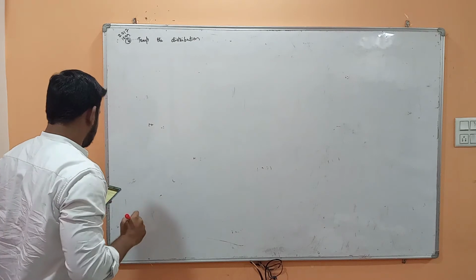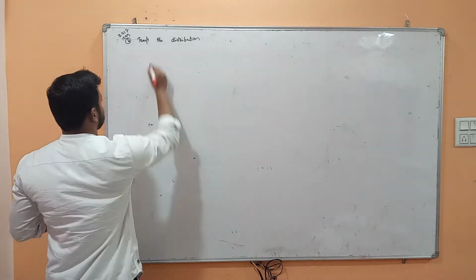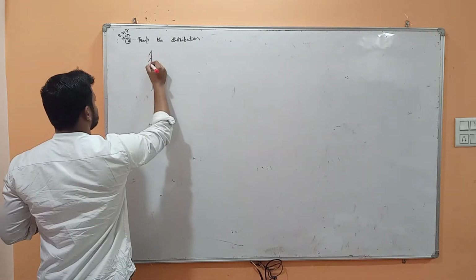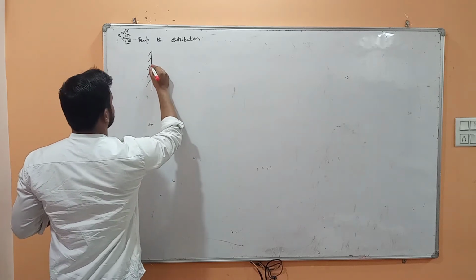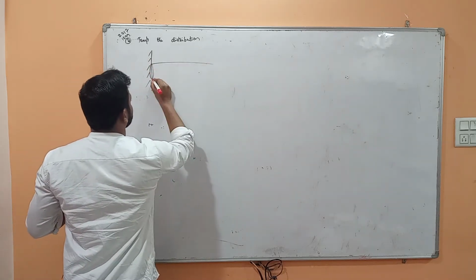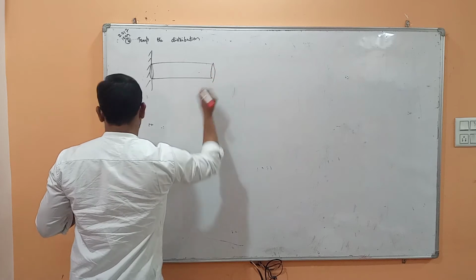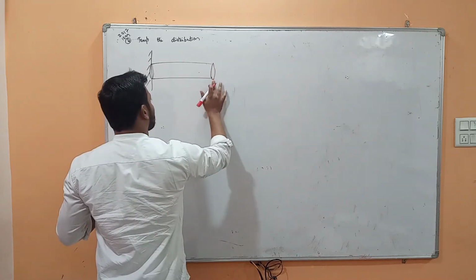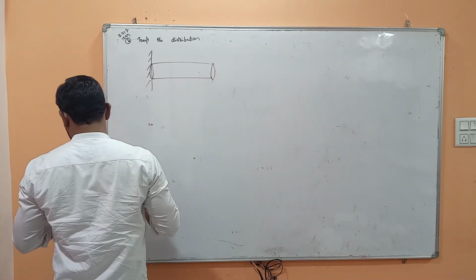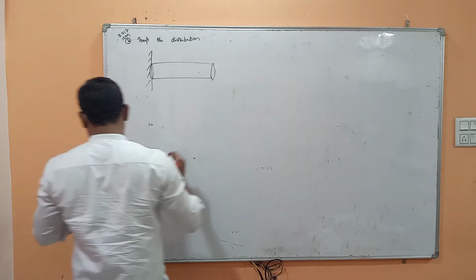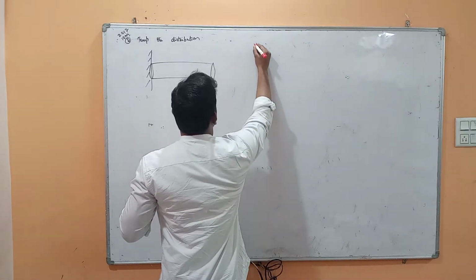Okay. So first, this diagram has been given. This is a fin, a circular fin basically. So the diameter of this fin is given, K value is given in the question.